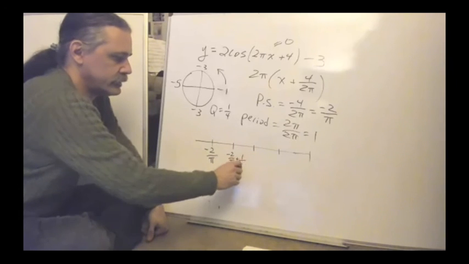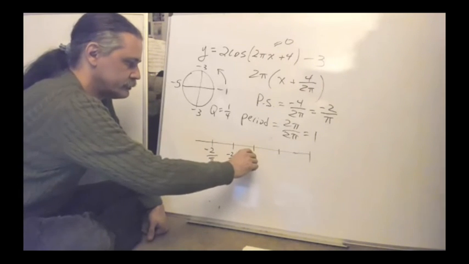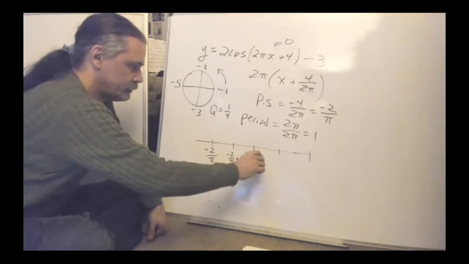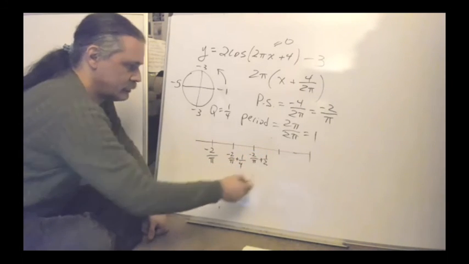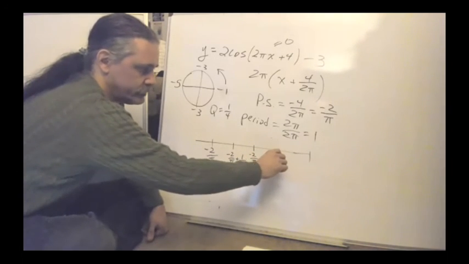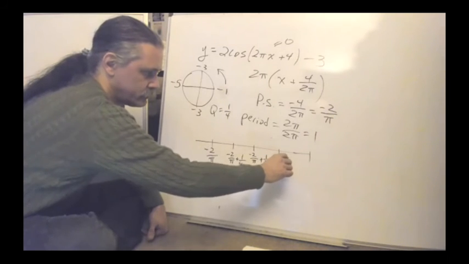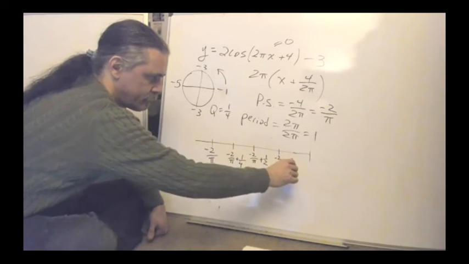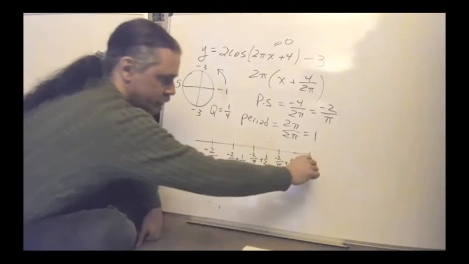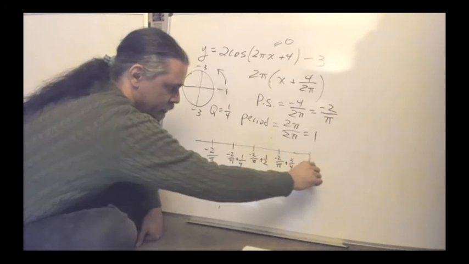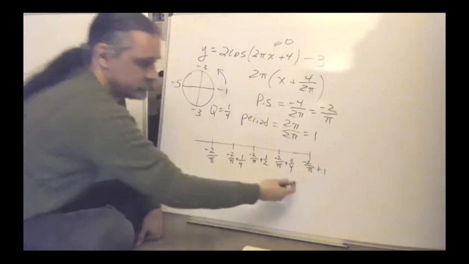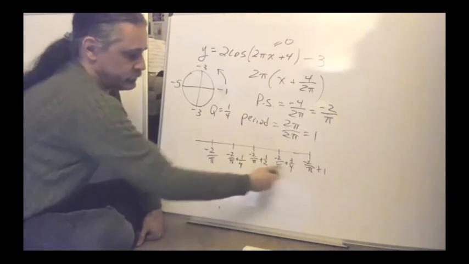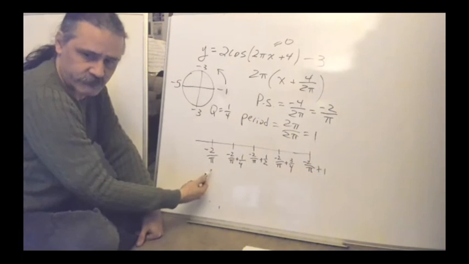Then the next one you add another 1/4, which would be 1/2. And then you add another 1/4, which would be 3 over 4. And then you add another 1/4, and that would be 1. Notice the last one is adding the period to the starting value.